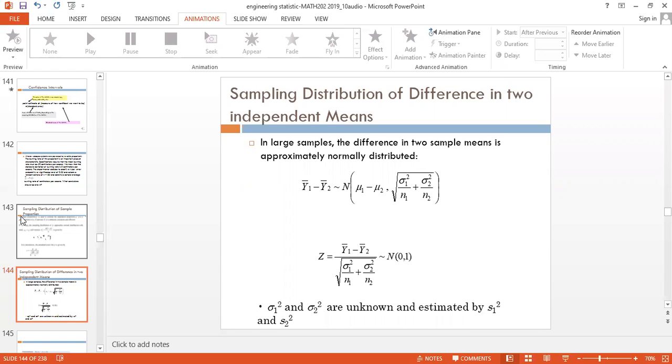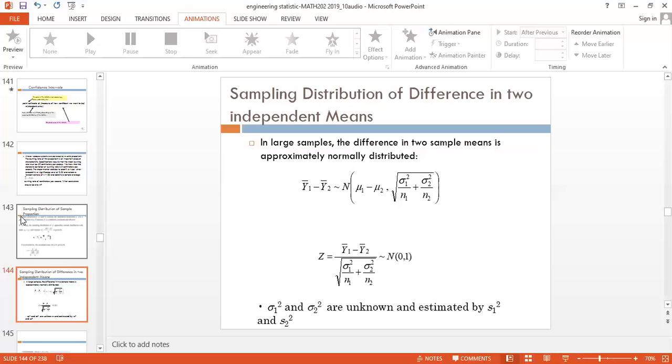Okay, and for the differences of two means, when we talk about two means, then we are talking about two population means. So we have information from two different results. For example, there is an existing way of planting some breed of crops, or corn.